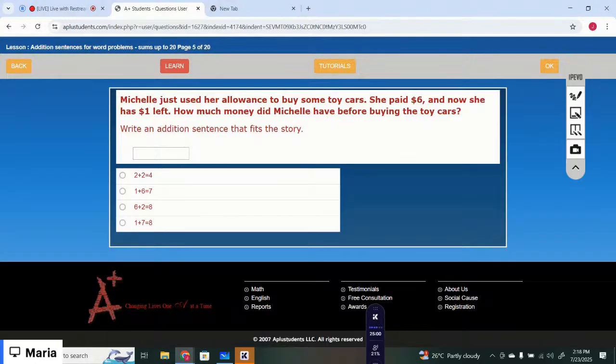Mitchell just used her allowance to buy some toy cars. She paid $6 and now she has $1 left.